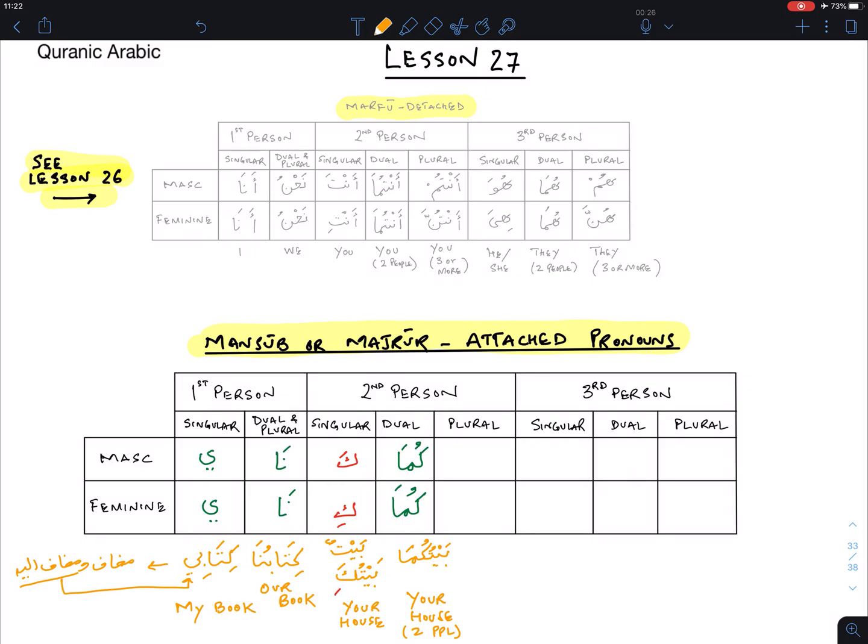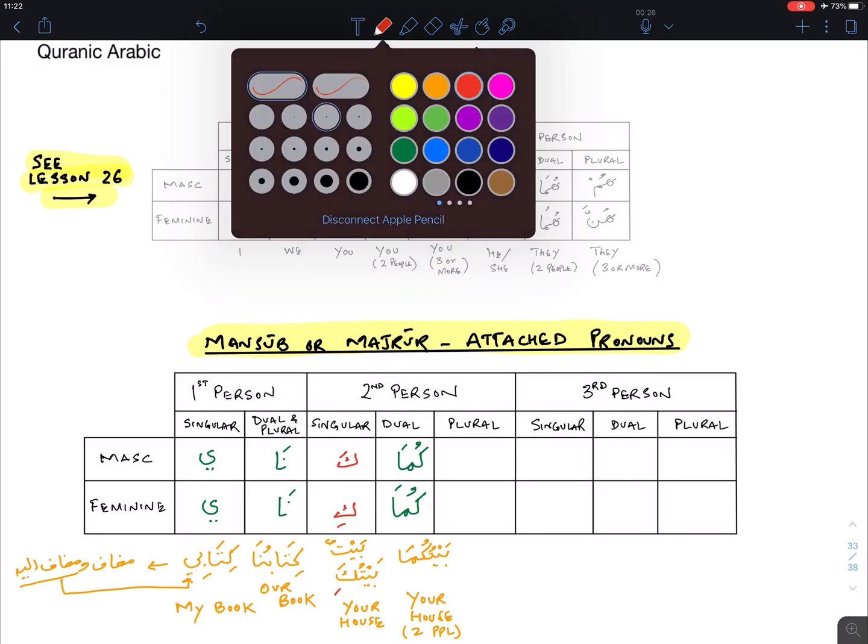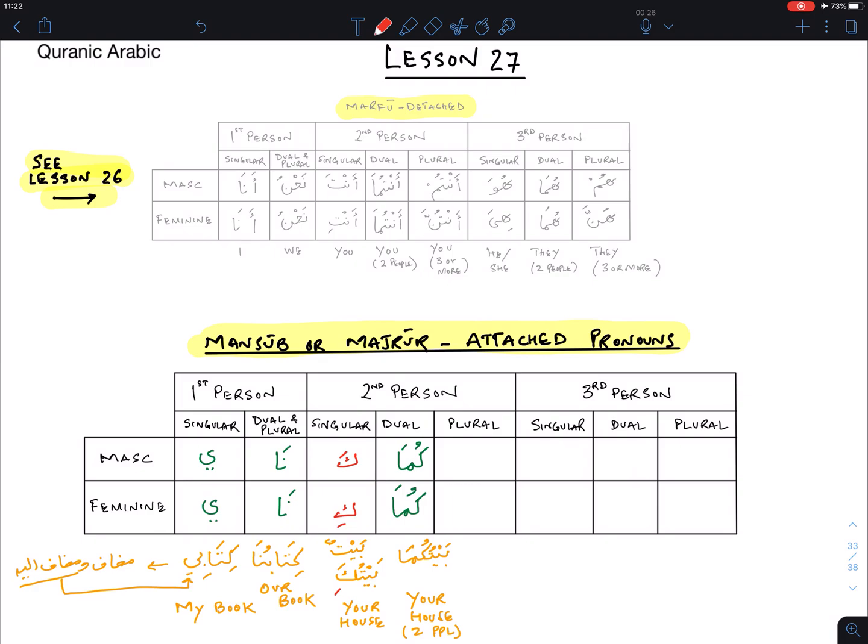The next plural form is going to be different between masculine and feminine. For masculine, it's kum, and for feminine, it's kunna. So this will be baytukum, and then baytukunna.